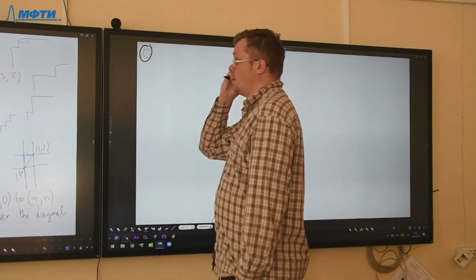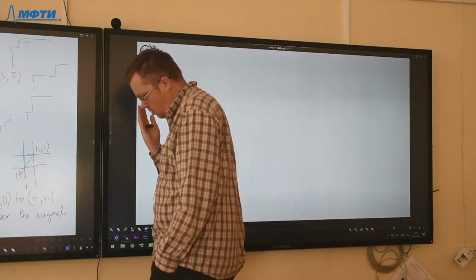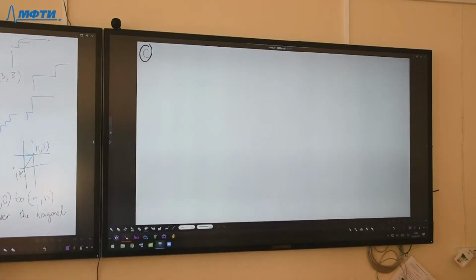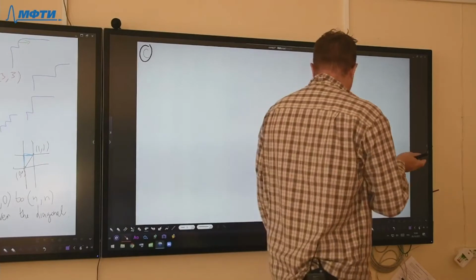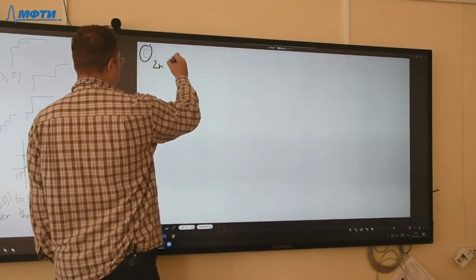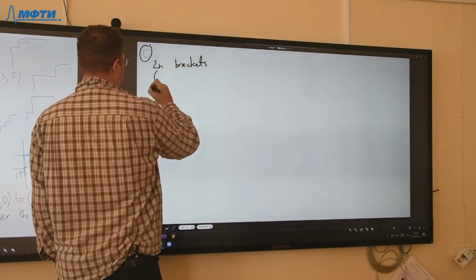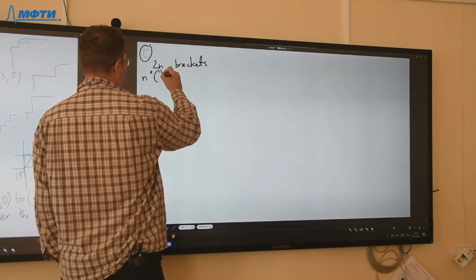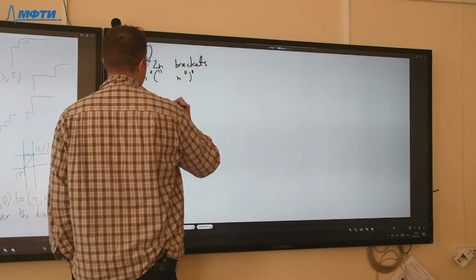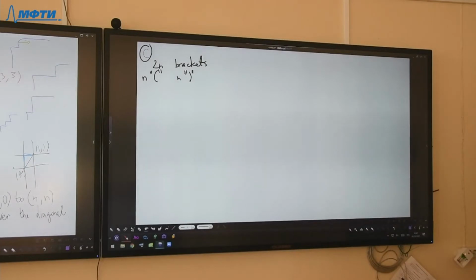The next definition is the number of expressions of 2n brackets. I want to write 2n brackets, n left ones and n right ones, such that they give a logical expression.